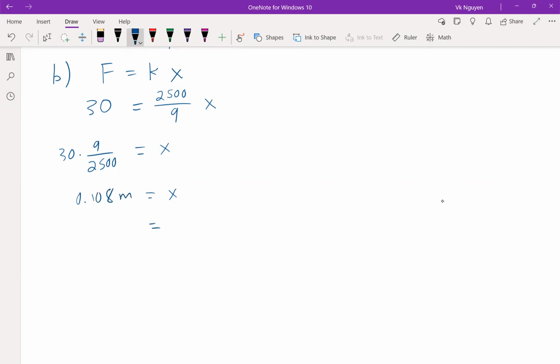Now you can convert it to centimeters, and this would be 10.8 centimeters. Very cool.